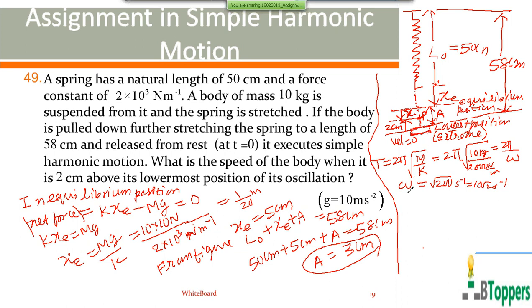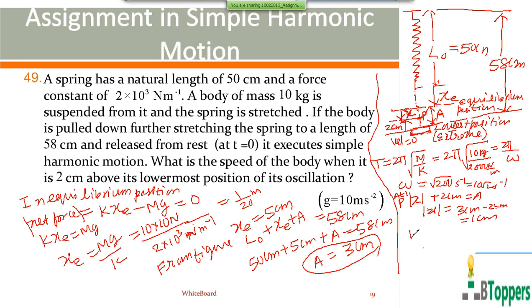You can observe from this figure, mod of x plus 2 centimeters is equal to magnitude of the displacement amplitude at the point P. Mod of x equals A minus 2, that is 3 minus 2, so it will be 1 centimeter.